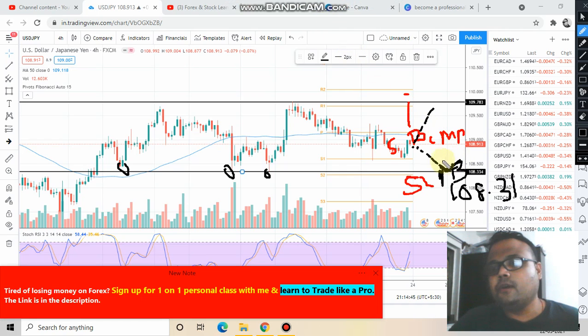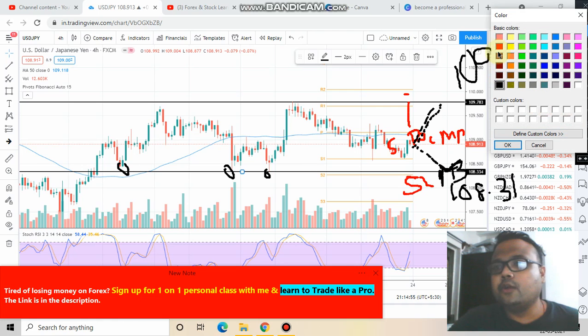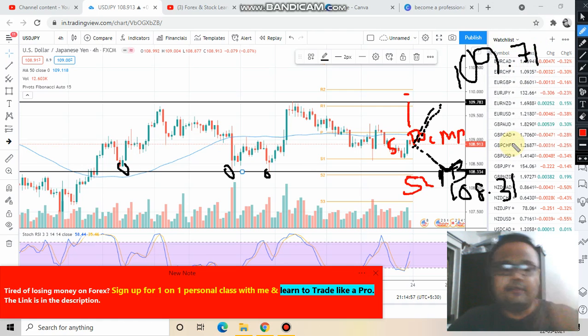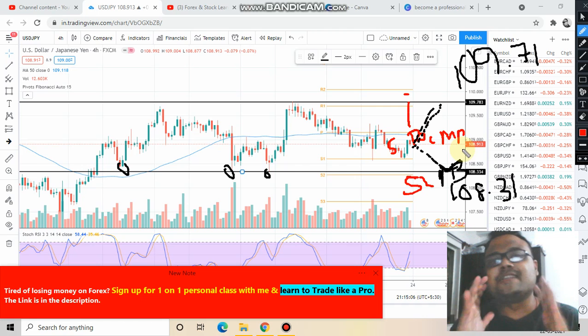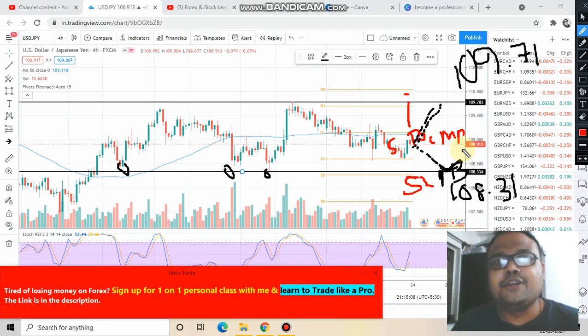On the other hand, if the market goes up from here and hits the 109.71 resistance level, your duty, again, will be to observe the price. If you see that price is struggling near the resistance, price is trembling, price is scared, oh my god, sellers are there, then you'll get a confirmation that sellers are still present in the market and they will not allow the market to go up that easily.